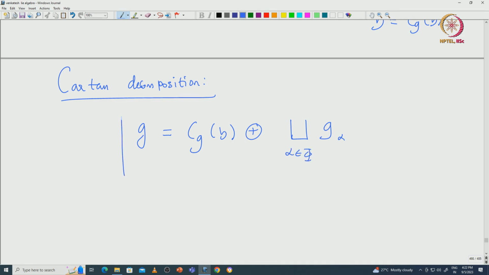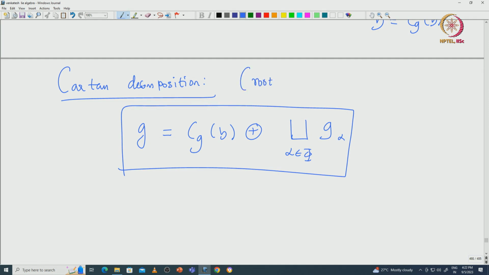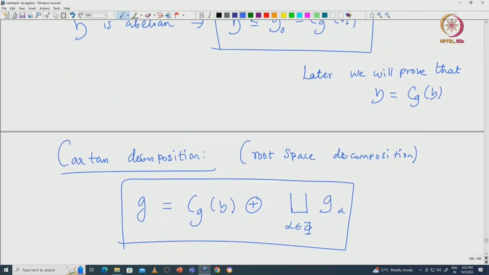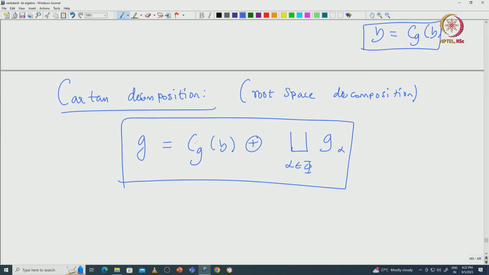This is called the Cartan decomposition or the root space decomposition of G. Like I said, later we will prove that the centralizer of H is nothing but H. In particular this G naught becomes H, so you can replace it by H.